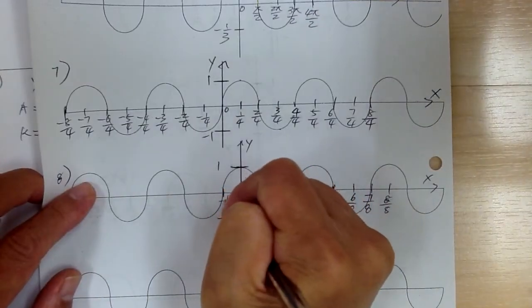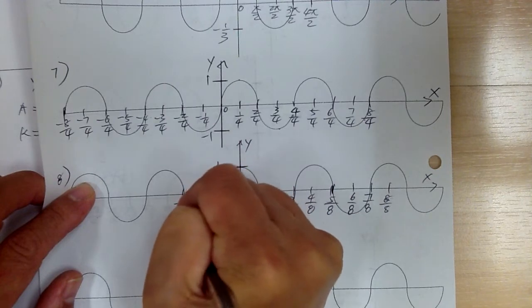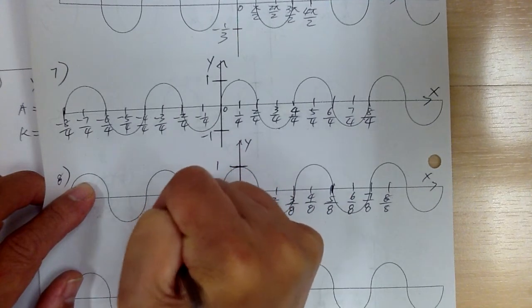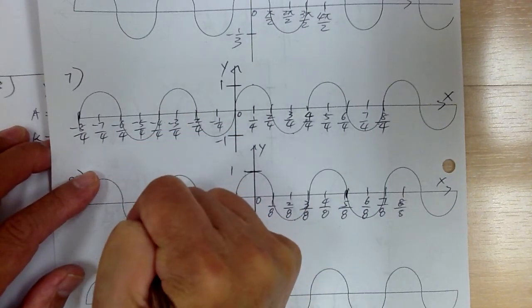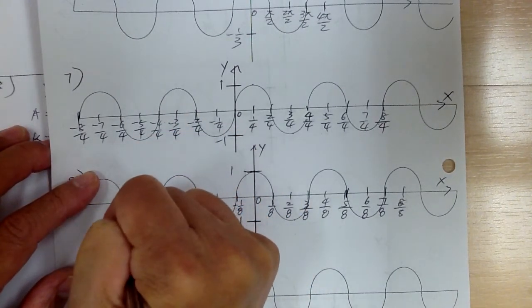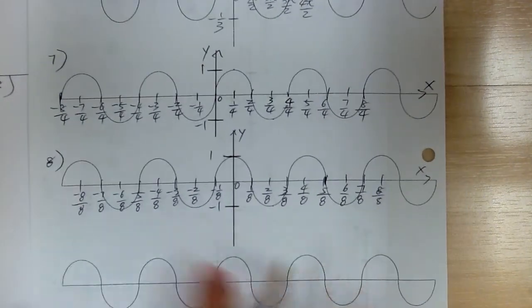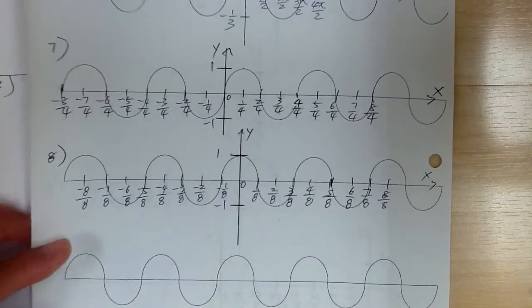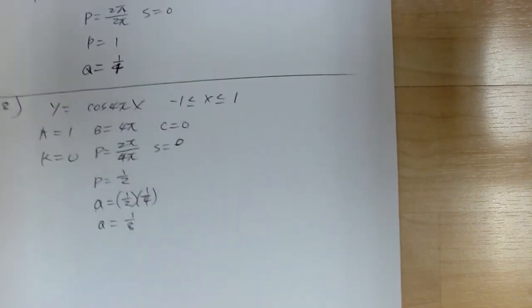So it'll be negative 1 over 8, negative 2 over 8, negative 3 over 8, negative 4 over 8, negative 5 over 8, negative 6 over 8, negative 7 over 8, negative 8 over 8. Okay, and so that is for number 8. Okay, let's go to number 9.